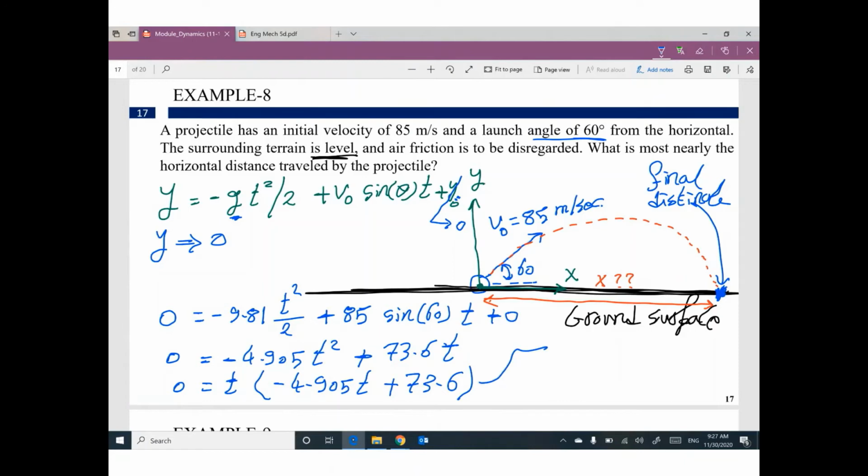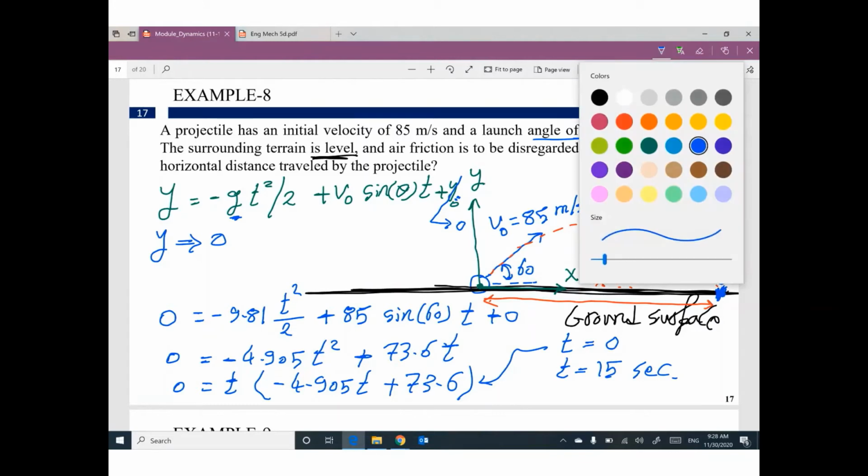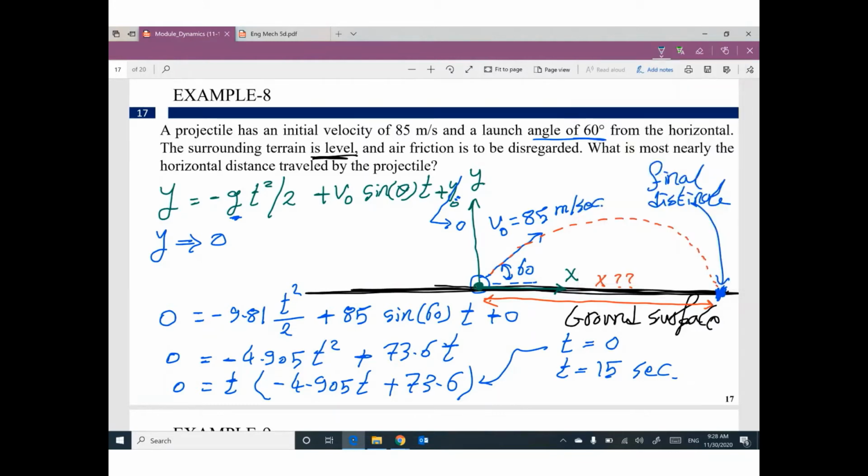So this equation has two solutions, t equals 0 or t equal 15 seconds. I believe time cannot be 0 for this projectile to reach the final destination. So this solution is rejected. So the required time will be 15 seconds.